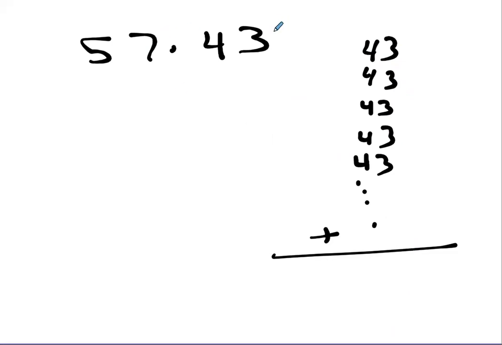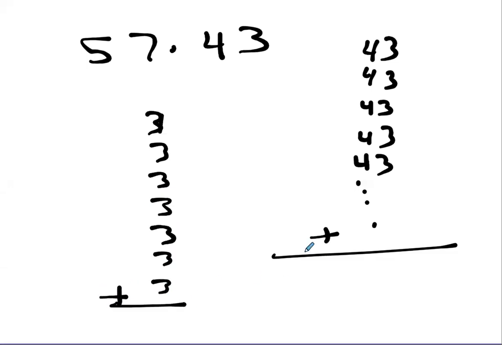If I have to do 7 threes, on here, 1, 2, 3, 4, 5, 6, 7. That's a little tedious, but I can do it, right? 6, 9, 12, 15, 18, 21. Okay. If we have 7 times 3 memorized and we can avoid this, fantastic.